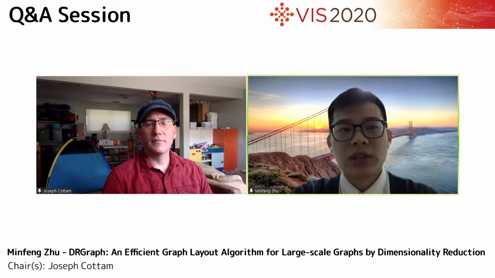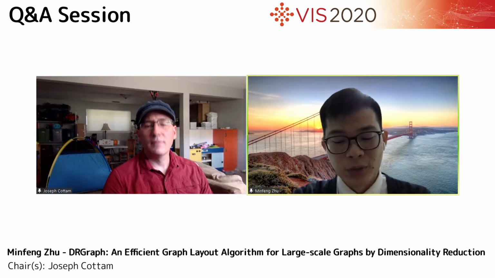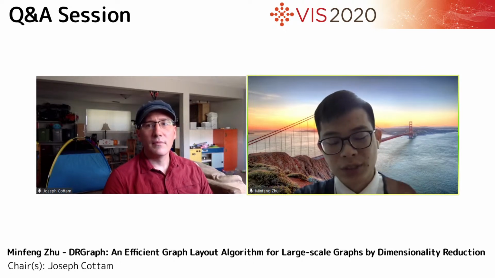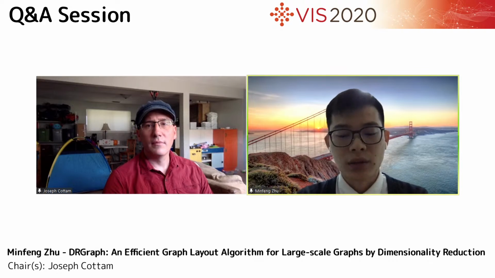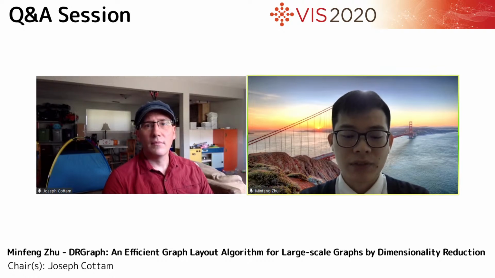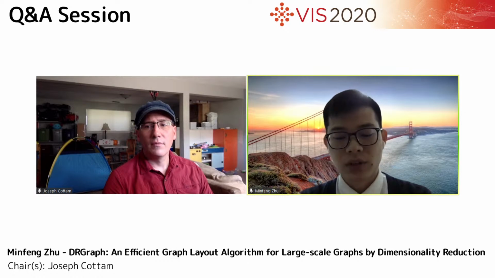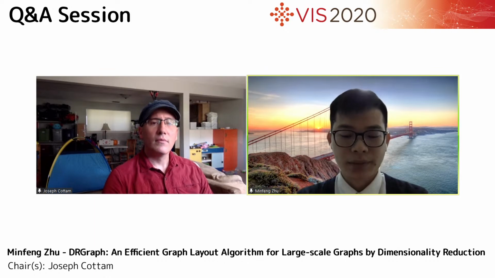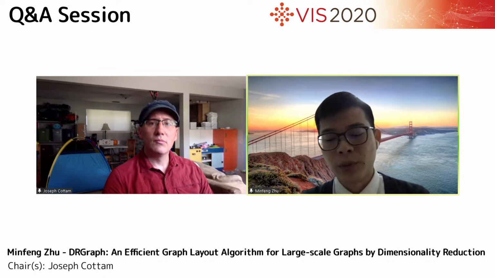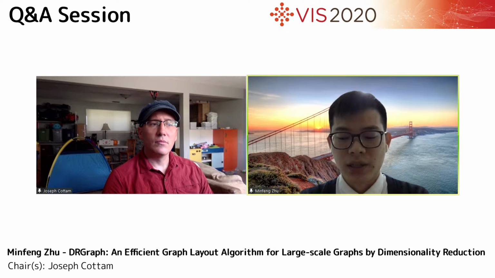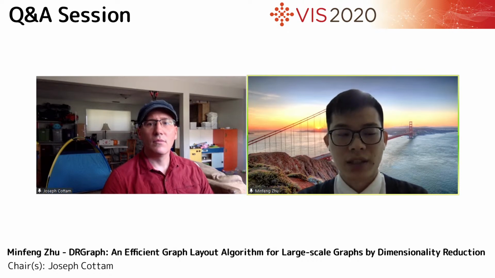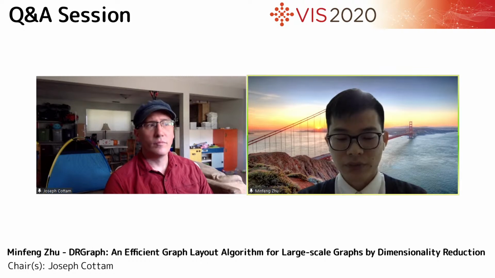The graph coarsening process is a little random, because we randomly choose a node and coarsen graphs with its neighborhoods. So we can't define whether this graph clustering process is good or not good. We only define the quality of the graph layout finally.